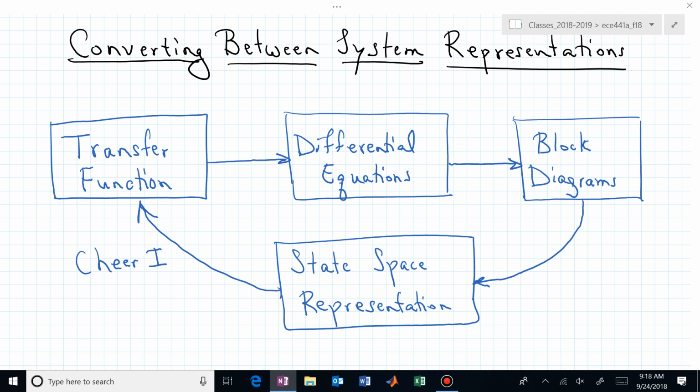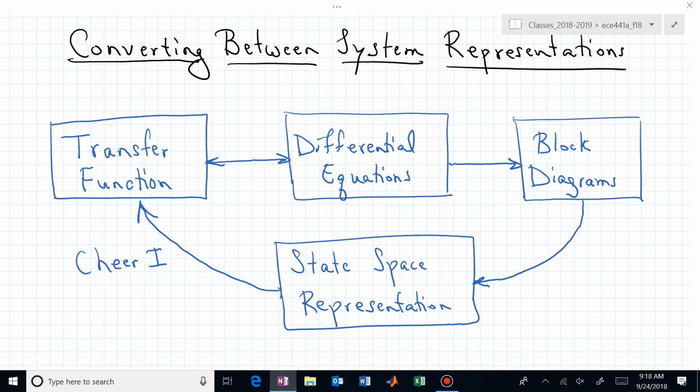And how could you go from the differential equations to a transfer function? Hit the shift key, Laplace transform. And state space, if I give you a state space, now you have all these first order derivatives.